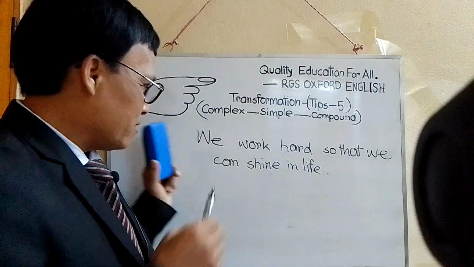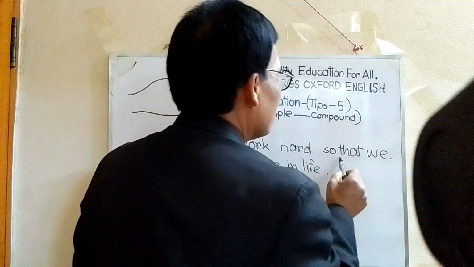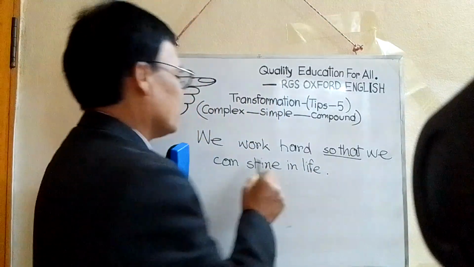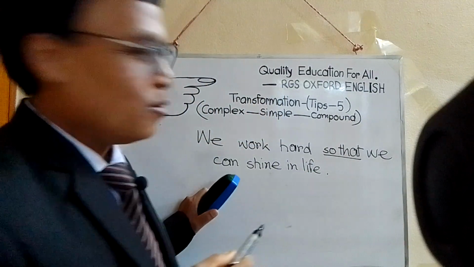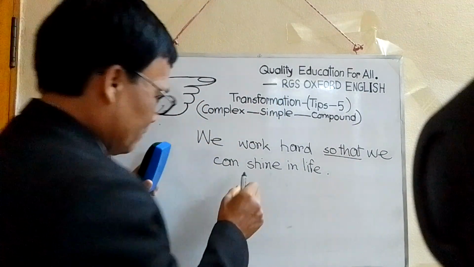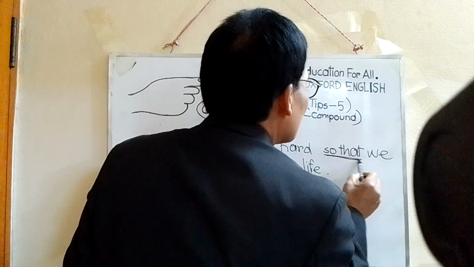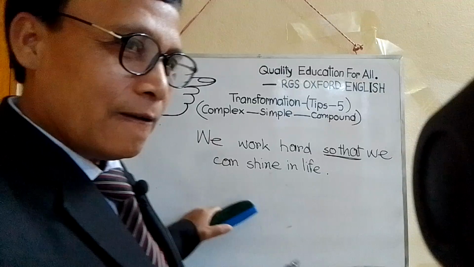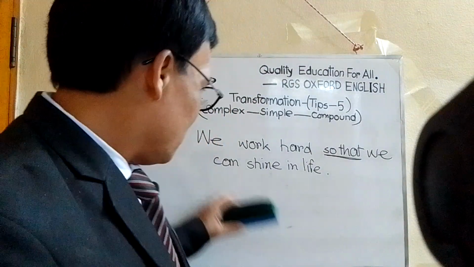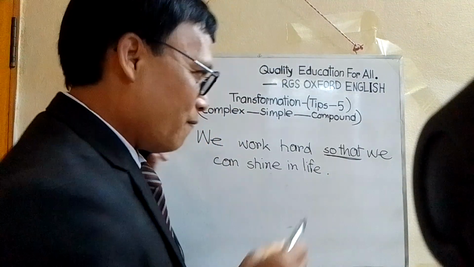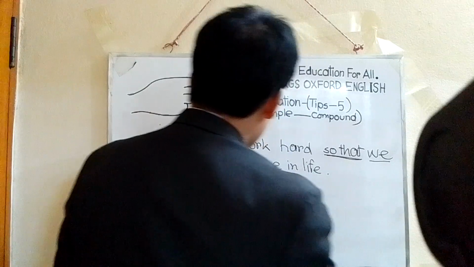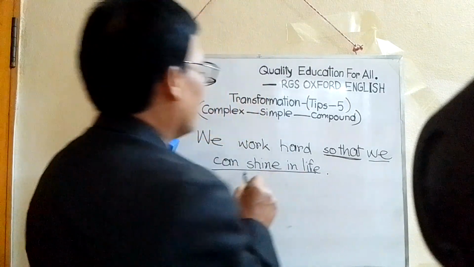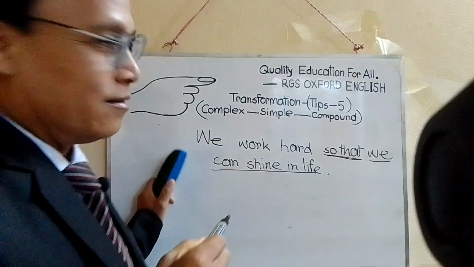Okay, you see here, we work hard so that we can shine in life. So here, so that means it is purpose. We can shine in life, this is purpose or reason, and this is why we work hard.